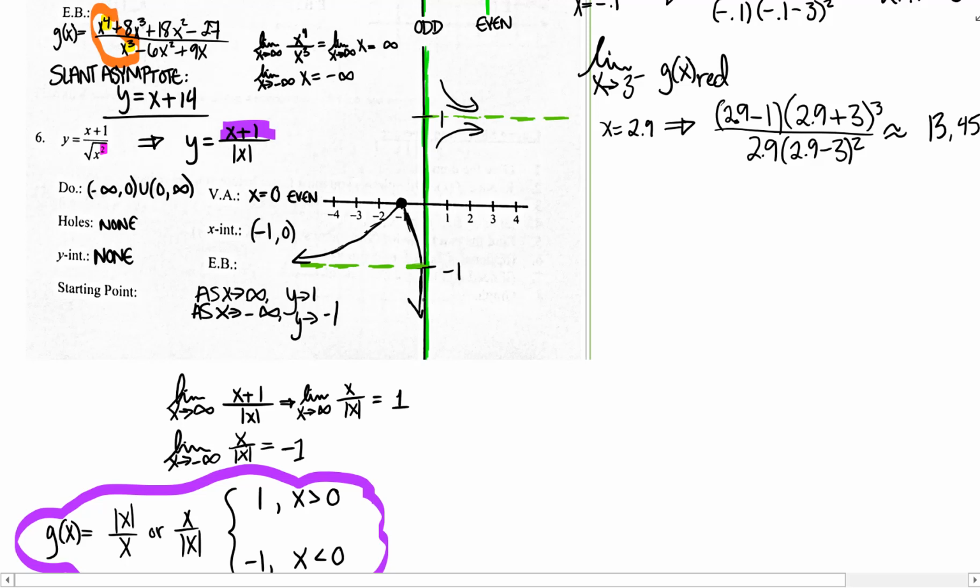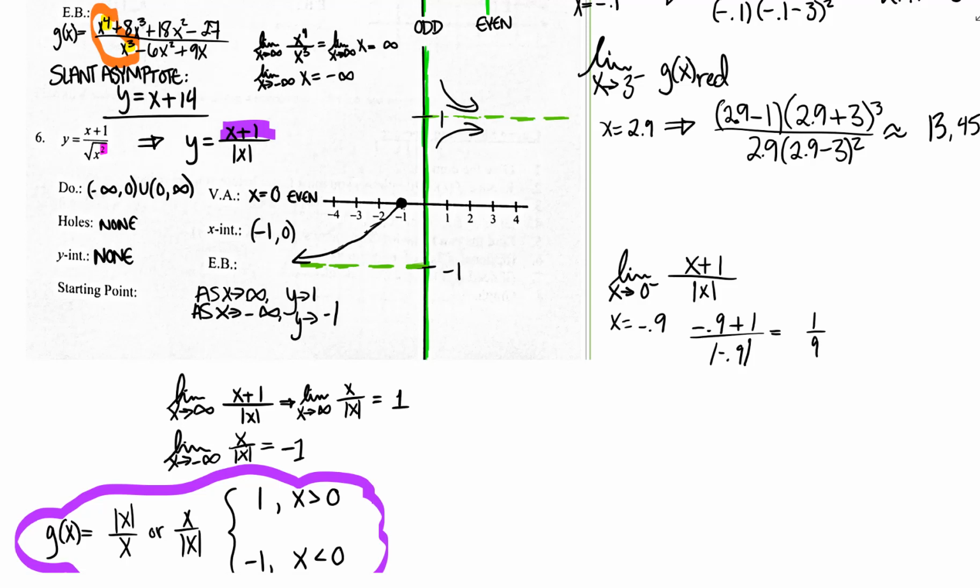Knowing that, it's unlikely that this is the look of that graph, but you could always take a limit to check. Just to confirm, I used negative 0.9 and found it to be 1/9. So yes, we are headed in this direction toward positive infinity, which means the option for our other branch has to follow the same behavior on this side of the vertical asymptote, because this is an even vertical asymptote.